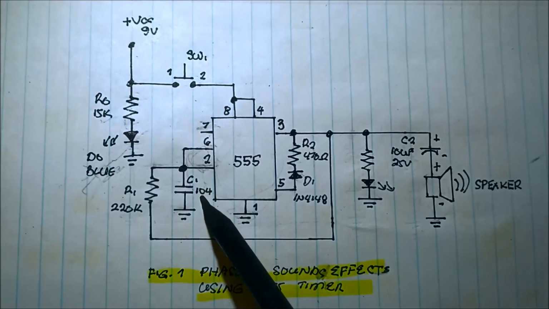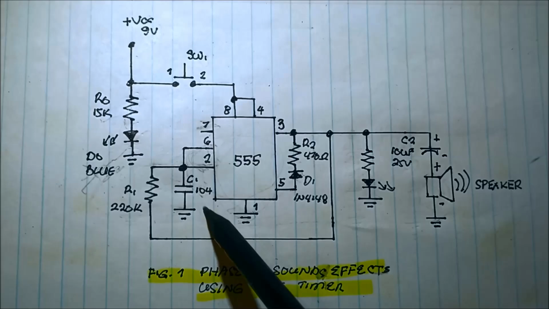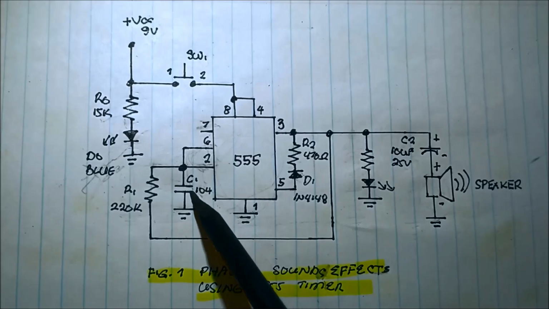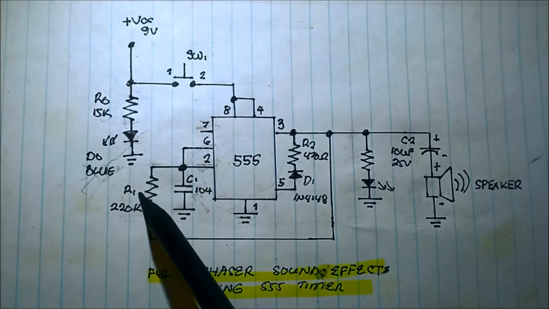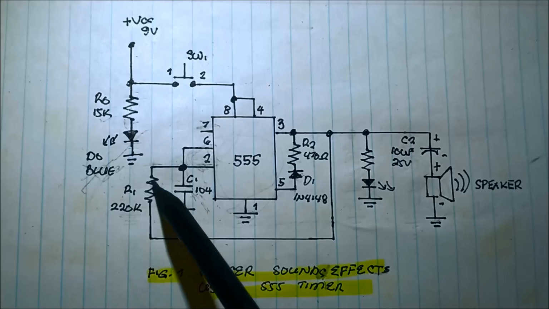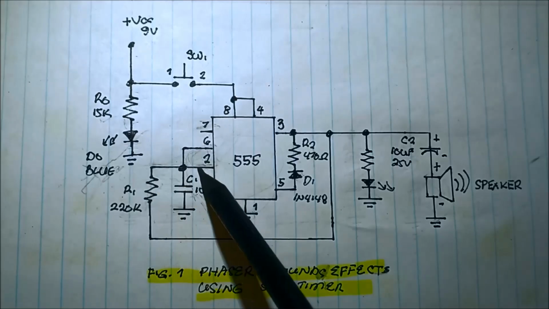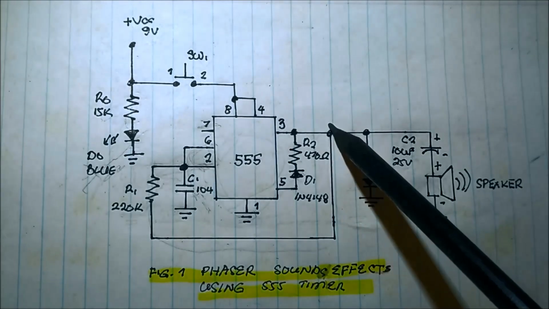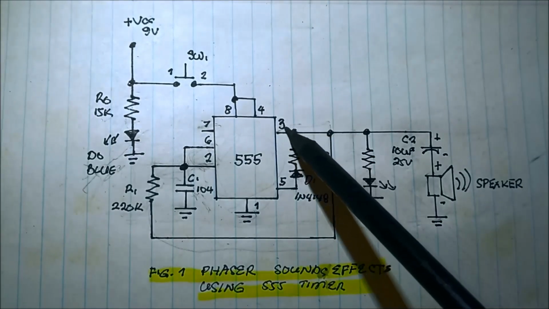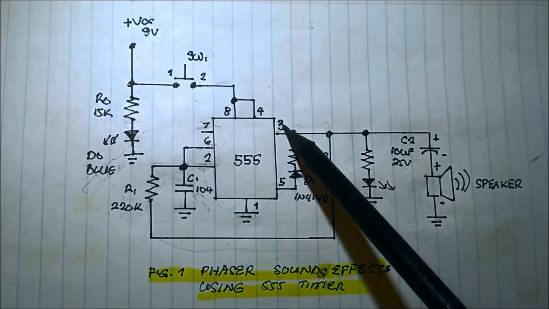That is the charging capacitor, or 0.1 microfarad capacitor. And then also the R1 220K resistor. You can see here R1 is connected to the output. The output is pin number 3.